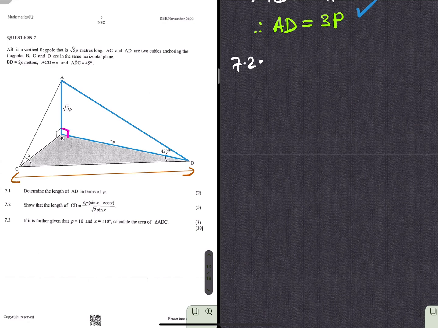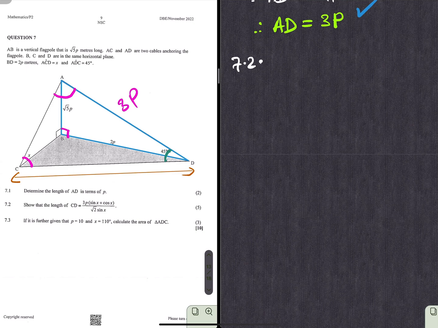You now have the side AD. You found that to be 3p, and you have got the corresponding angle of the side, that is X. So the corresponding side of CD is primarily A, which you don't have, but you can get angle A because you are given that this is 45 degrees.